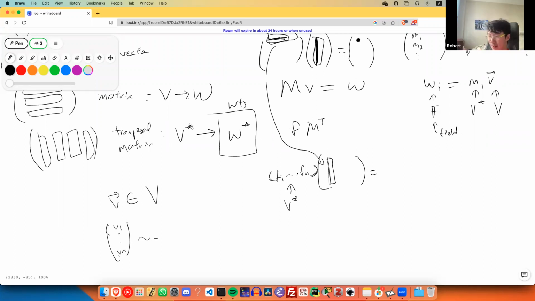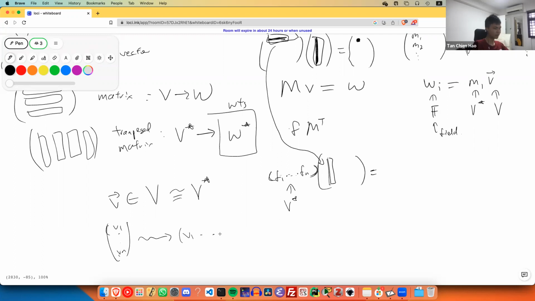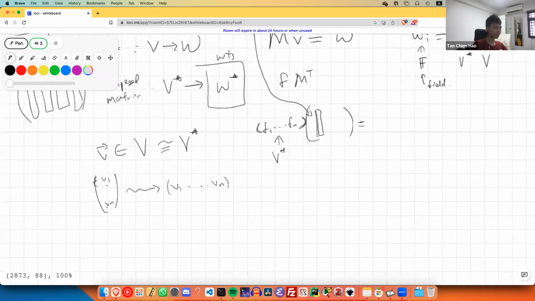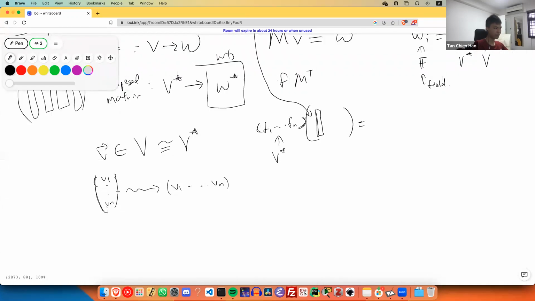Then we can think of an isomorphism between V and V star by simply taking these numbers and flipping it to become a row vector. So right now we are defining an isomorphism by considering the components and flipping it. Okay, so vectors are just kind of maps.